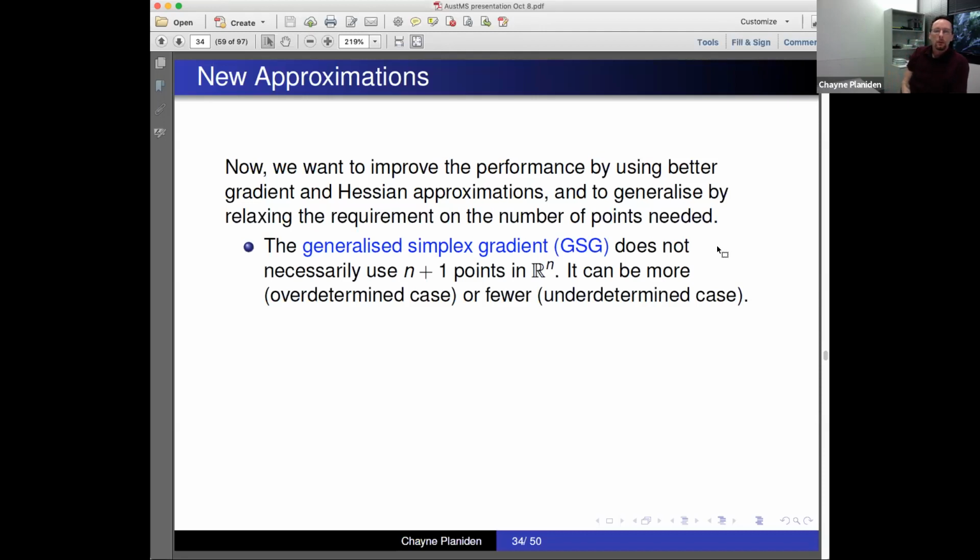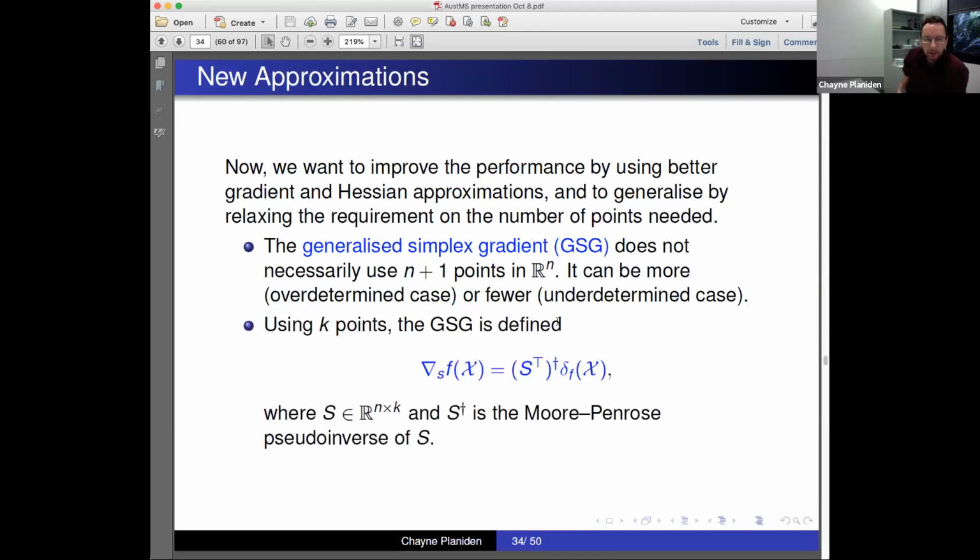So you can use the generalized simplex gradient instead. And the generalization is you don't need to use n+1 points in Rn. For the simplex gradient, you need exactly n+1 points, and they have to have some nice certain structure, be properly spaced out. But you can generalize that to use either more or fewer than n+1. And you still get a nice approximation to your gradient. So using k points, k could be either more or less than n+1.